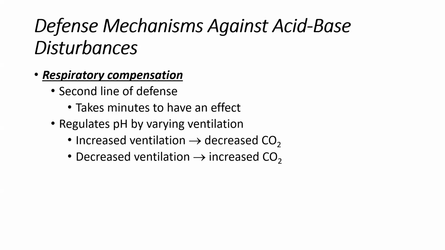We're holding on to that CO2, which is basically holding on to that acidity, and we can correct our pH, bringing it back to where it needs to be. So this is that connection that I talked about with varying the rate of ventilation and correcting any underlying acid-base disturbance by either holding on to excess CO2 or blowing off excess CO2.